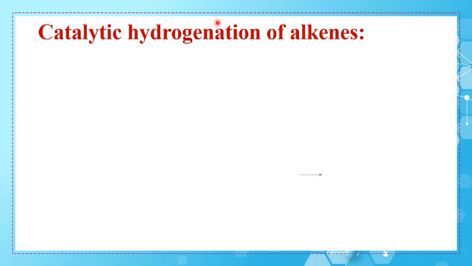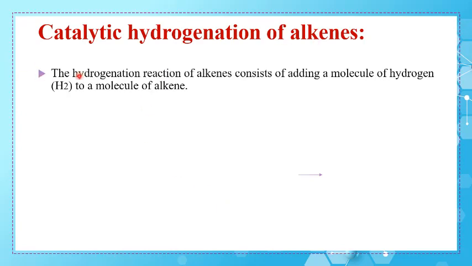Catalytic hydrogenation of alkenes. Hydrogenation means that we must add H2 to the alkene. The hydrogenation reaction of alkenes consists of adding a molecule of hydrogen, H2, according to the nomenclature, hydrogenation, to a molecule of alkene.